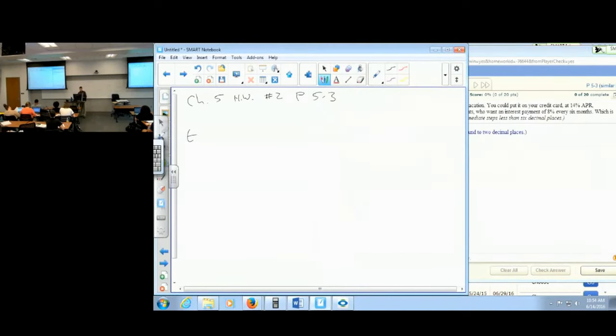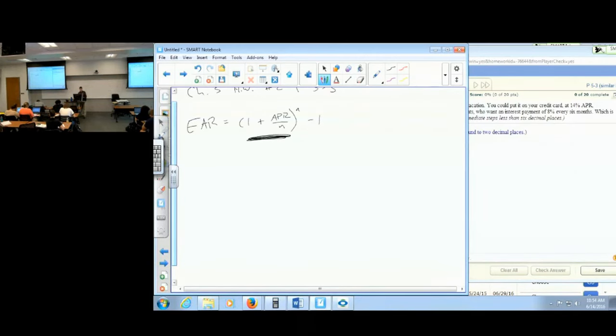All right, so we've got the EAR formula, which is equal to (1 plus the APR divided by m) raised to the m, minus 1. This formula ought to look awfully familiar. It looks an awful lot like the future value formula. It's doing the exact same thing. It's compounding that interest rate for us, just like a compounded future value.